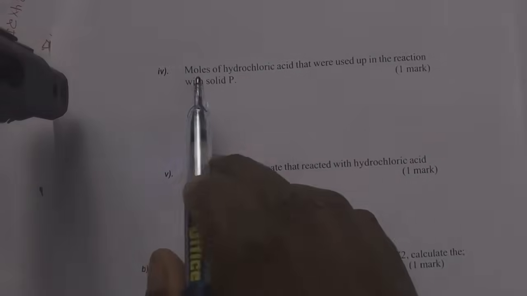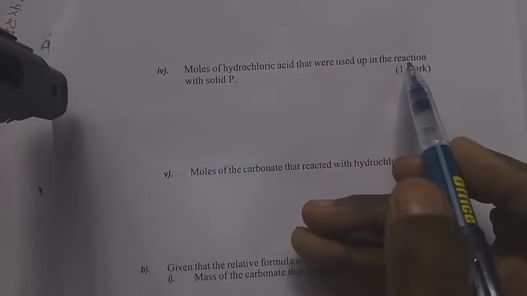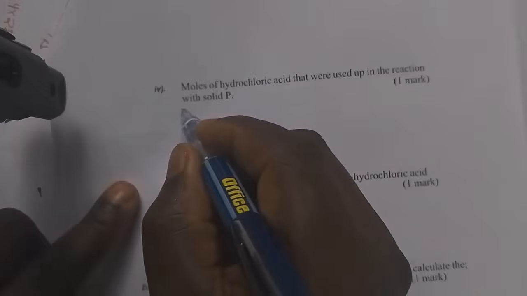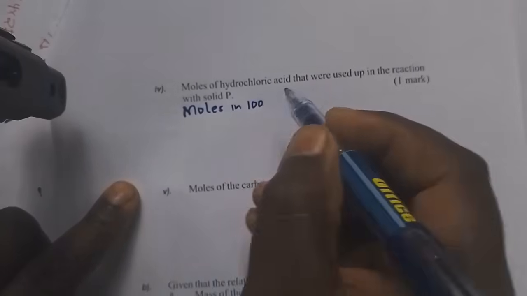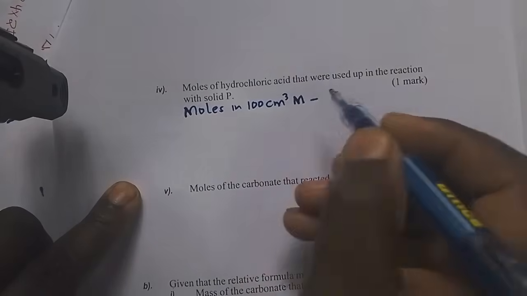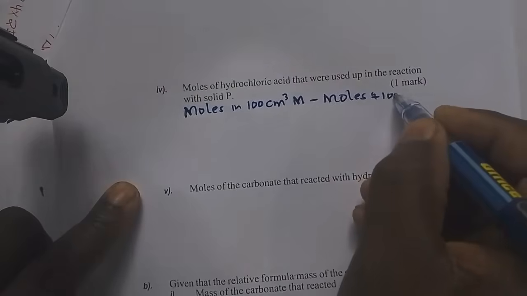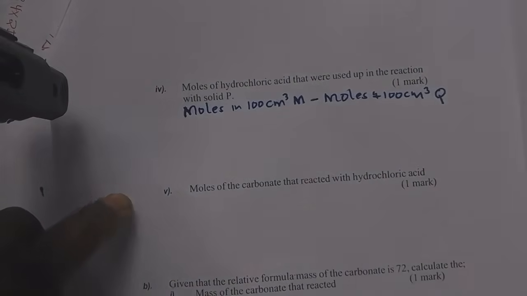Calculate the number of moles of hydrochloric acid that were used up in the reaction with solid P. Now, this is to get the moles in 100 centimeters cube solution M minus moles in 100 centimeters cube solution Q. And we have all of that from here.